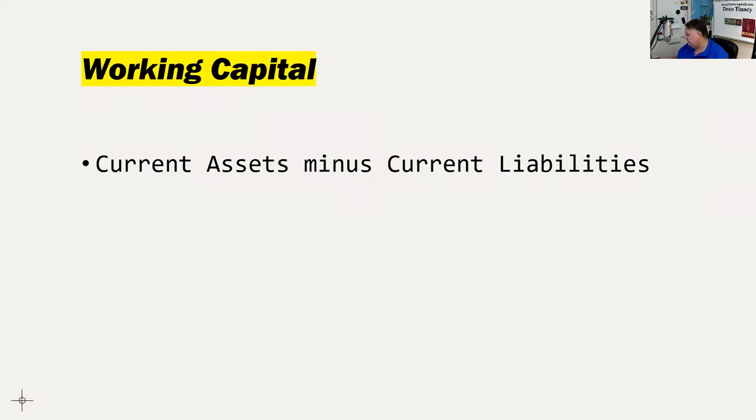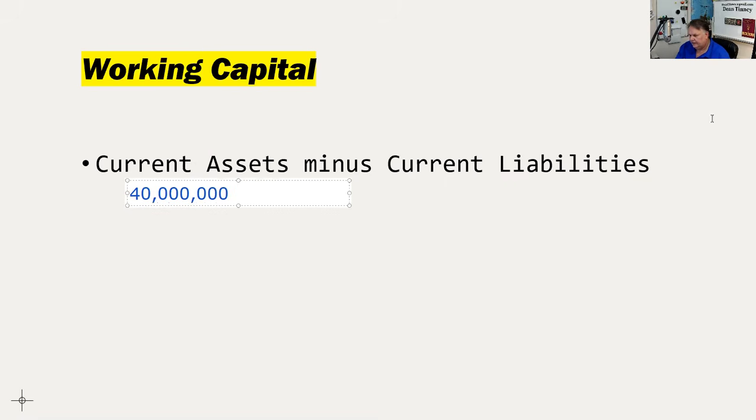All right. Well, the first thing you want to be comfortable with is working capital. So we'll start with the balance sheet. What we want to be comfortable with is that working capital is current assets minus current liabilities. So let me just put that in here. I'll just make up one. Current assets are cash or things you plan to turn to cash within the next 12 months. And so let's say the company has 40 million in current assets.